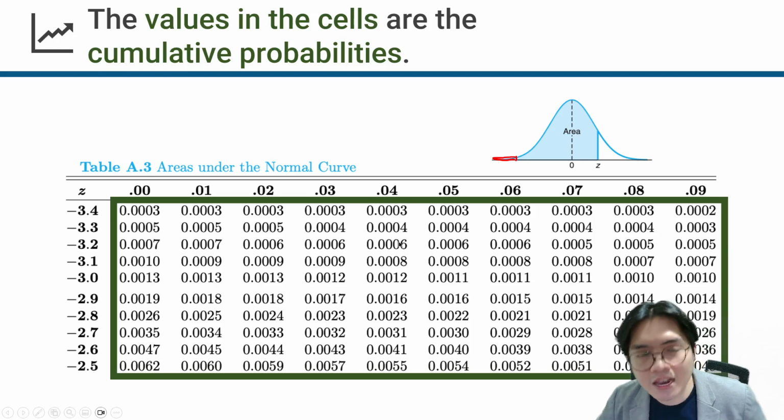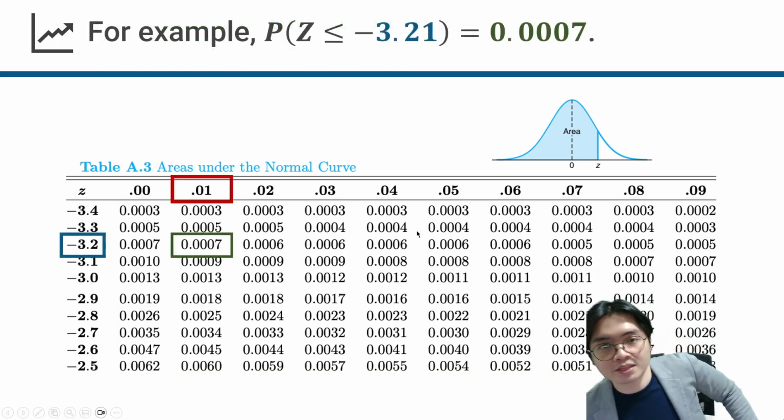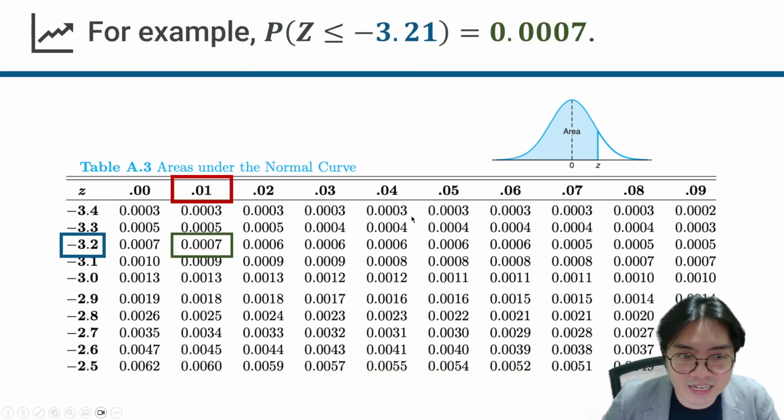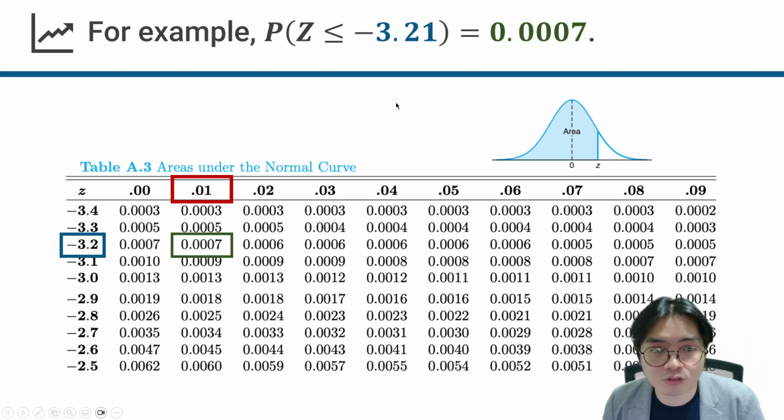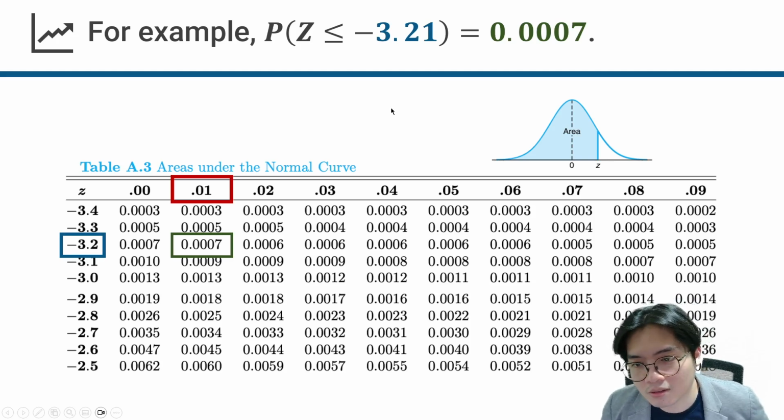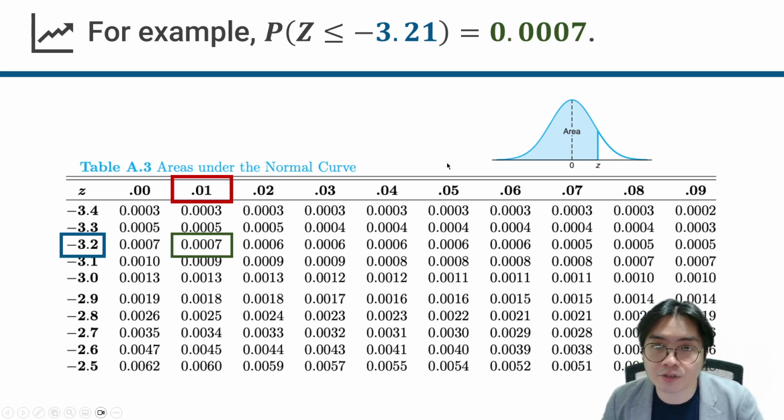Okay? The values in the cells are the cumulative probabilities. For example, what they've provided in here is that the probability that your z-score is negative 3.21 or lower is 0.0007.